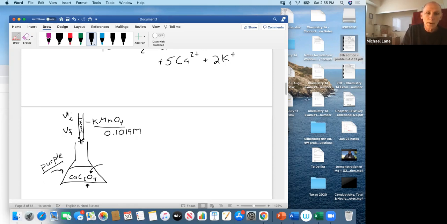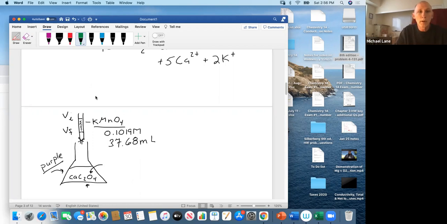The difference between the initial and final volume was a total of 37.68 milliliters. And so therefore, that is the amount of potassium permanganate necessary to react quantitatively with the calcium oxalate. And again, the important pieces here are the permanganate ion and the oxalate ion.